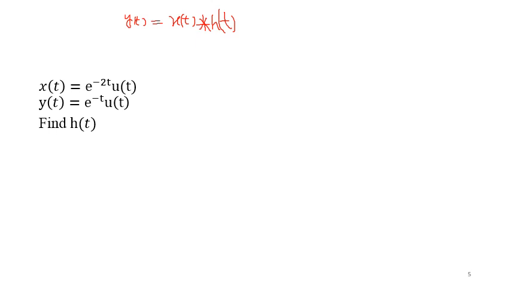Because convolution in the time domain is equal to multiplication in the frequency domain. So the Fourier transform of y of t gives Y of j omega equals X of j omega times H of j omega.